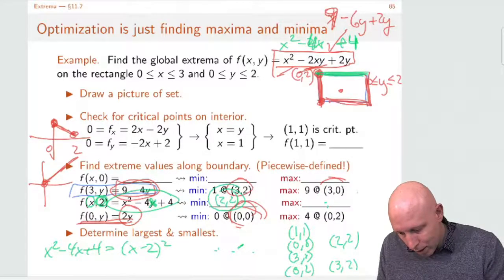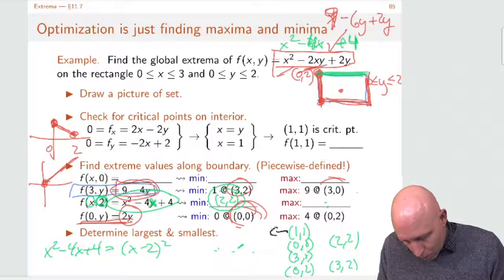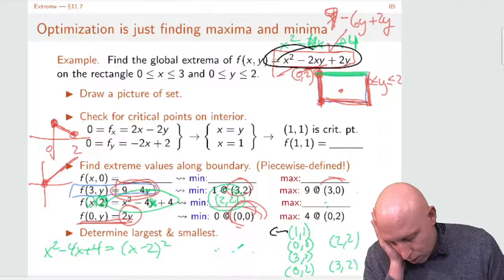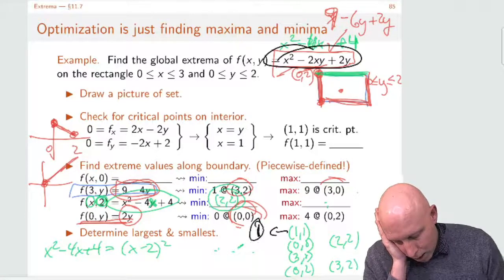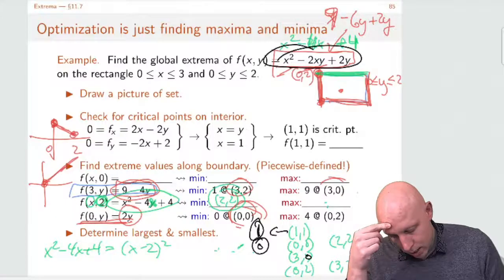All right, so we're lining them up and we'll do them all. When we plug in (1, 1), we get 1 minus 2 plus 2, so 1. When we plug in (0, 0), we get 0. When we plug in (3, 0), we get 9 plus 0 plus 0, so 9.